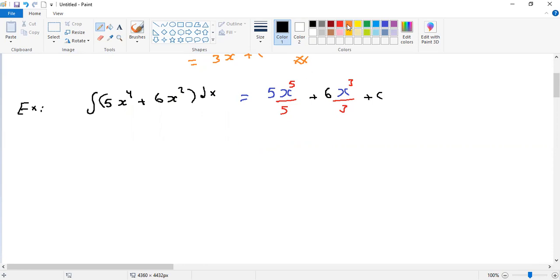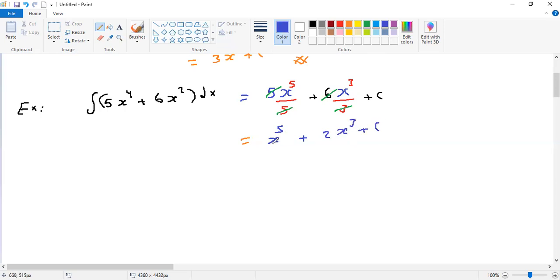Now this can be simplified. We have 5 divided by 5 is 1, so the answer is x to the power 5, plus 6 can be simplified with 3, which will be 2, so the answer is x to the power 5 plus 2x cubed plus c.